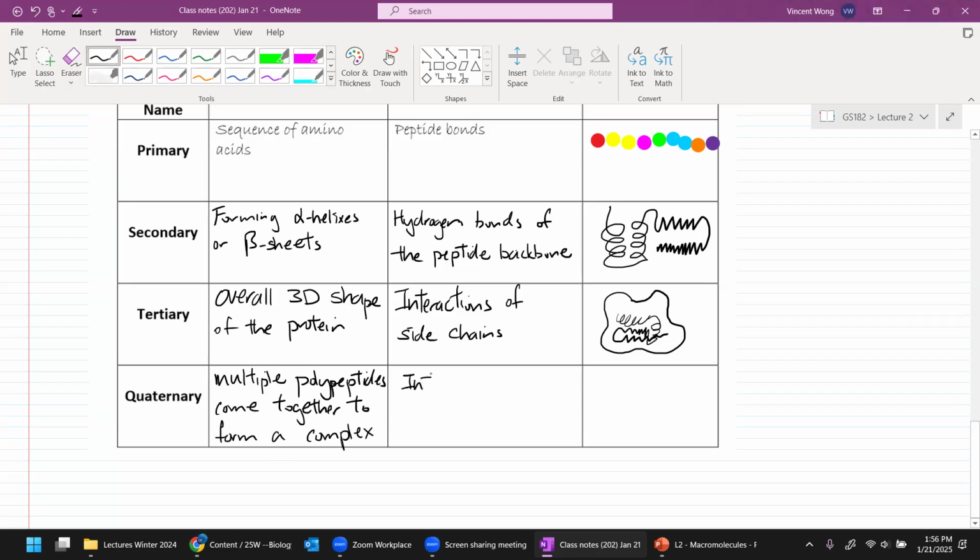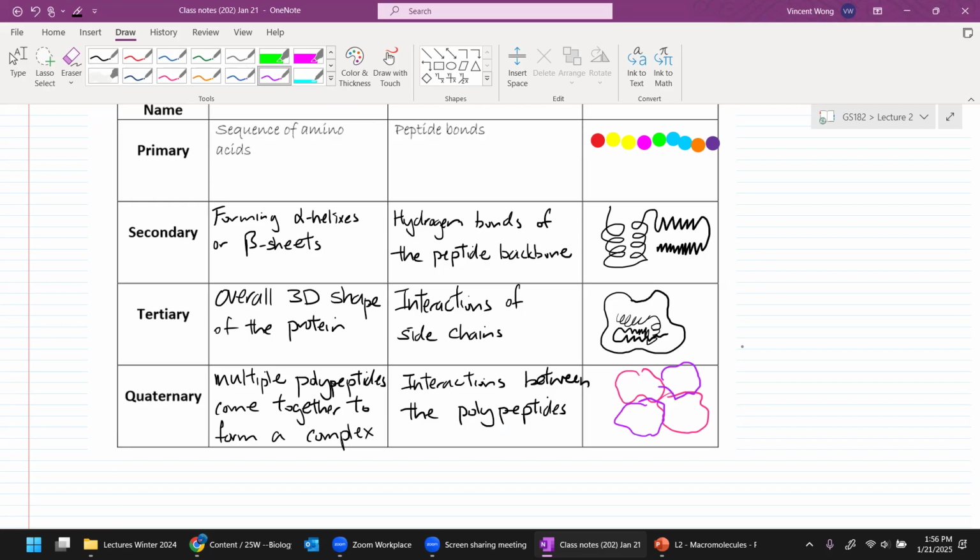What holds them together is interaction between the polypeptides. For example, you might have 2 red ones and then 2 purple ones. So that would be your 4 levels. Make sure you understand that and be able to describe it in your own words.